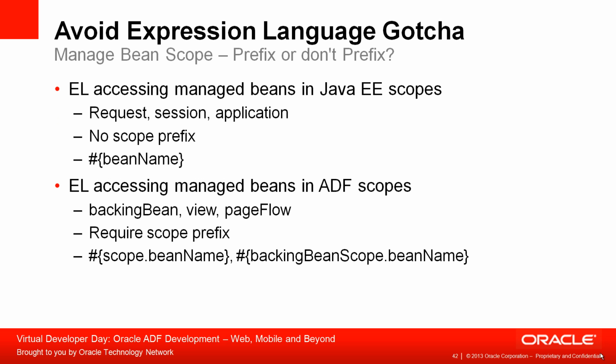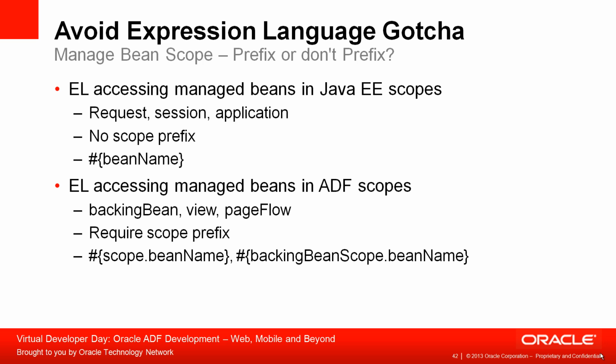Avoid expression language gotchas. The question is, do you need to prefix or not prefix expression language? Here, everything that is in the normal servlet scope, like request, session, application, or no scope, which is also an alternative, is going without a prefix. So you're not doing session scope dot bname dot property.